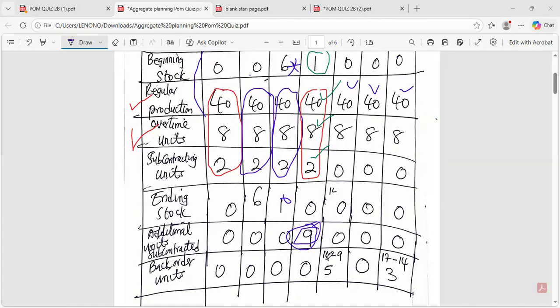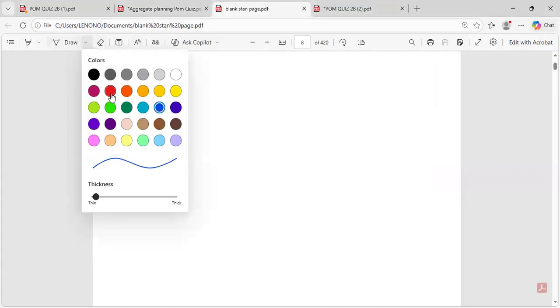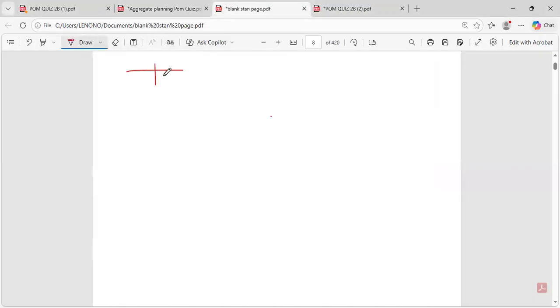So 14 units, total subcontracting units, minus the 9 units, meaning the remainder were back order units, which means they were stock out units. So what you're simply saying here is that for back order units, we simply say total units subcontracted.